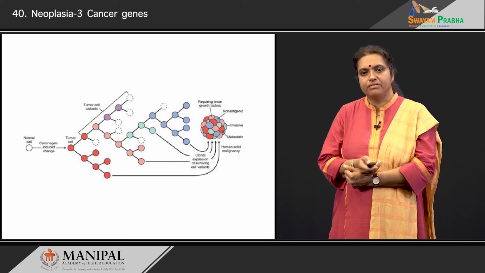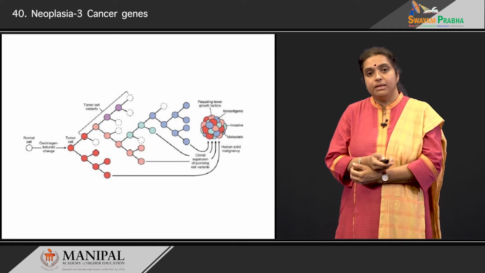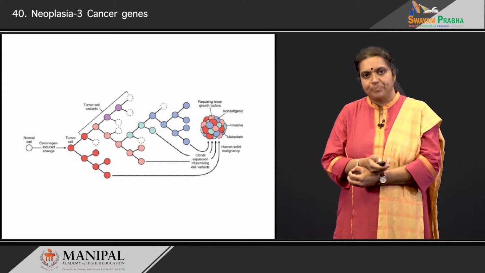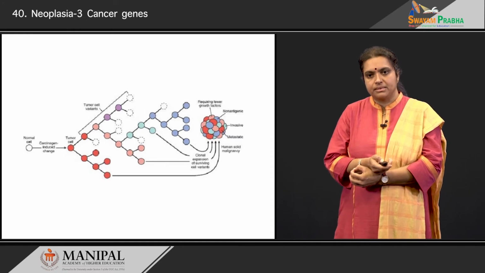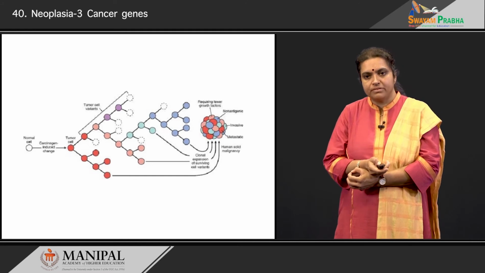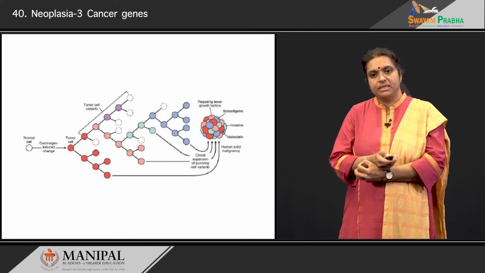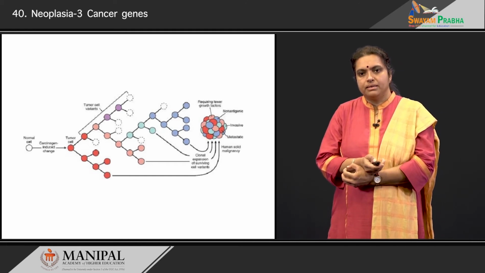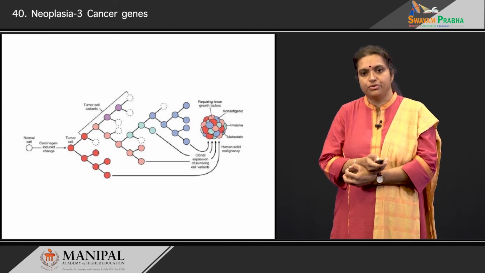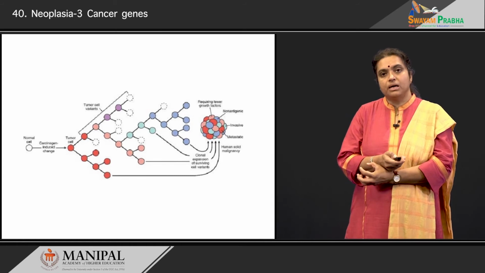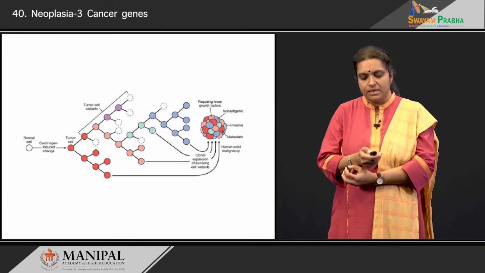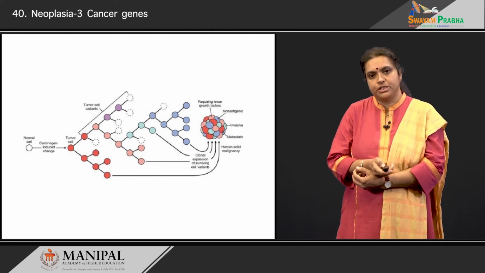Because they have developed different mutations trying to overcome certain obstacles, some have become non-antigenic, some have become invasive, some clones have metastatic potential, and some clones have an increased sensitivity to growth factors. So, that is how the whole tumor has different subclones of cells with different mutations.